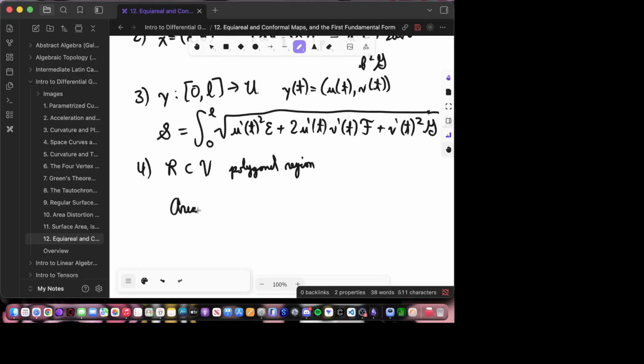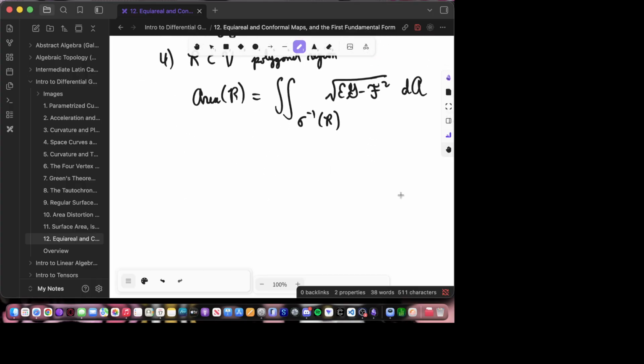Then the area of R, which is on the surface, is equal to the double integral of the pre-image of the surface, square root of EG minus F squared dA. And from these lemmas, it is clear that we can develop the first fundamental form in local coordinates, like so.